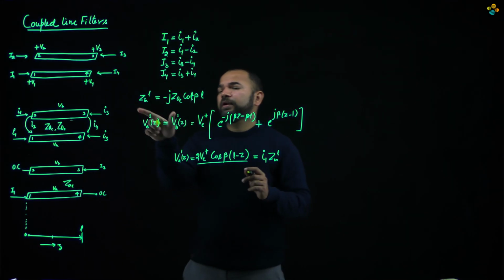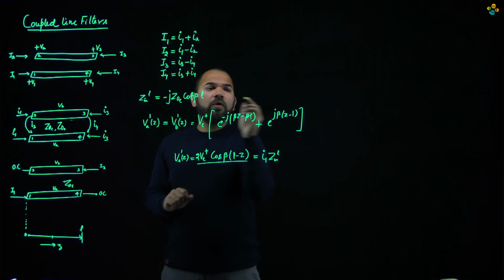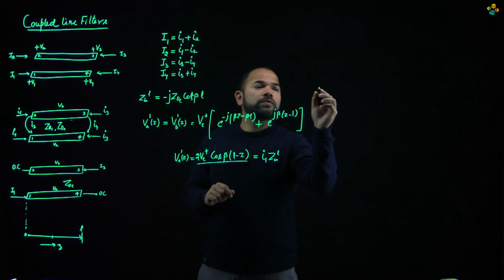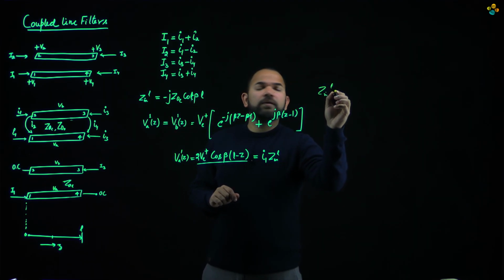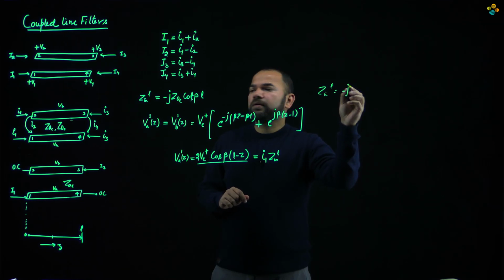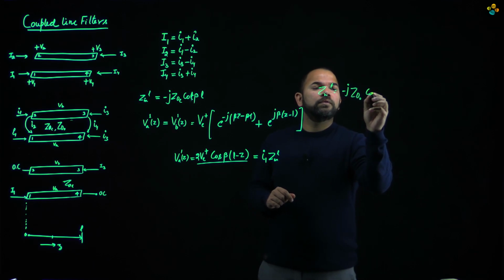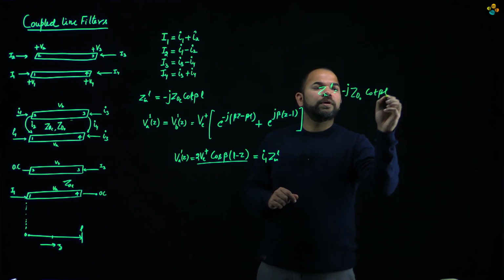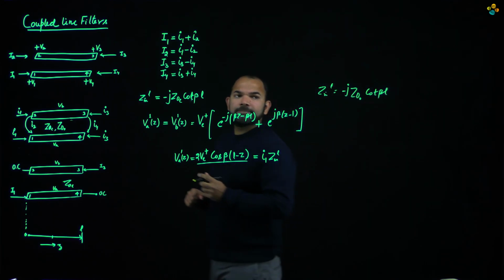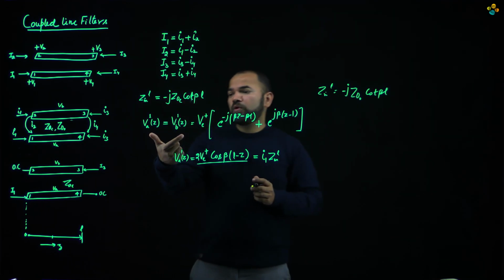Okay, now similarly with the odd mode, if we say Z in at L for odd mode, this is going to be j Z0 cot of beta L. However, in odd mode, what is going to happen?